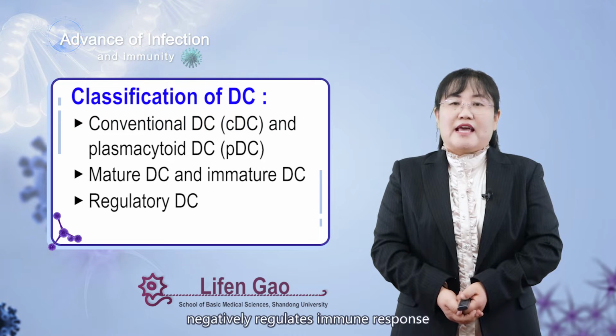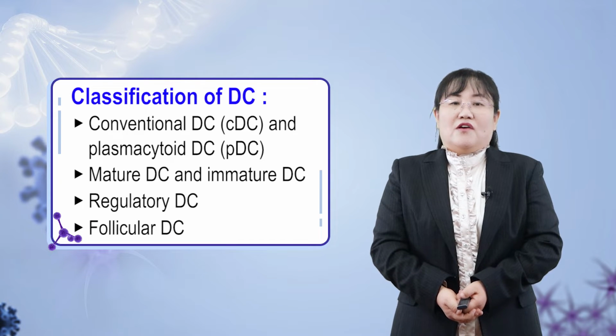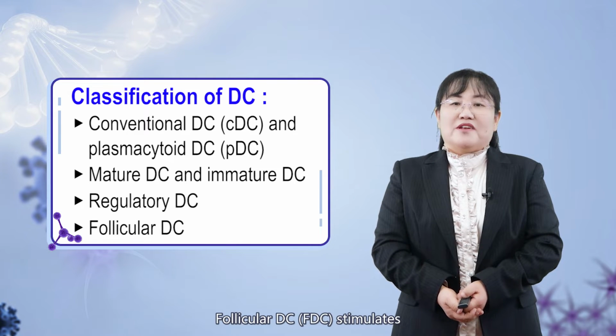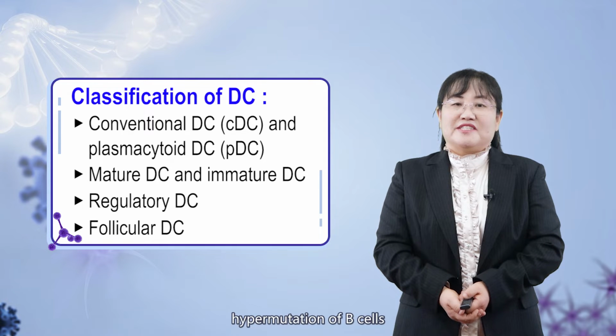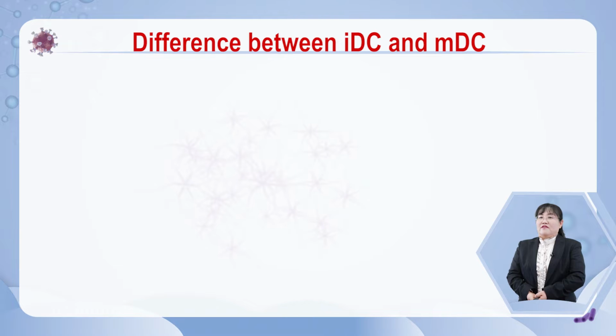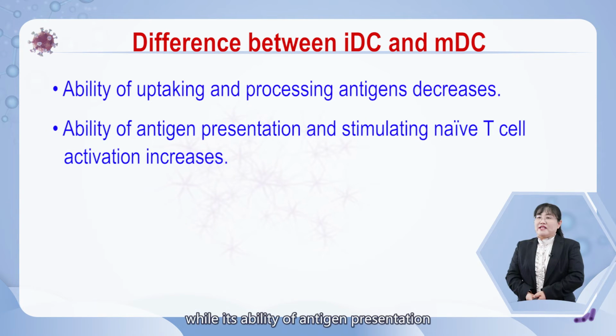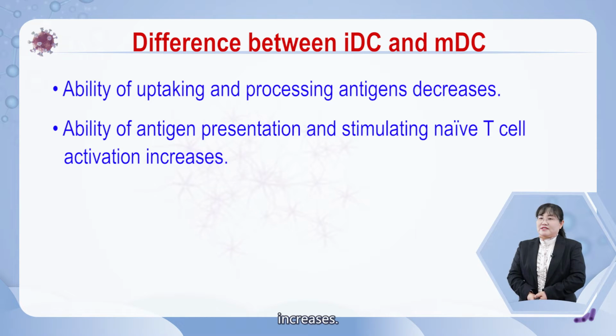Regulatory DC negatively regulates immune response and maintains immune tolerance. Follicular DC stimulates hypermutation of B cells in germinal center. With maturation, the ability of DC uptaking and processing antigens decreased, while its ability of antigen presentation and stimulating naive T cell activation increases.